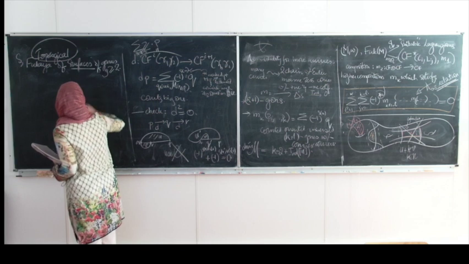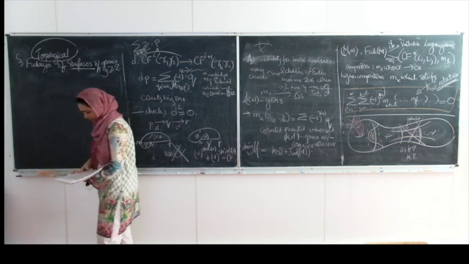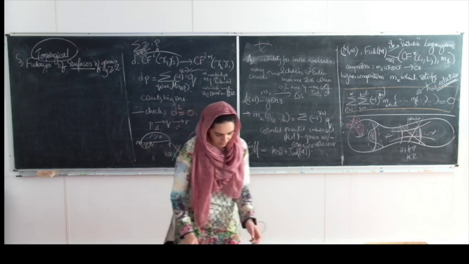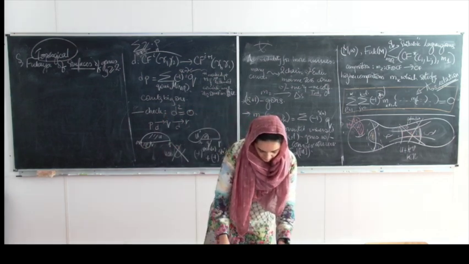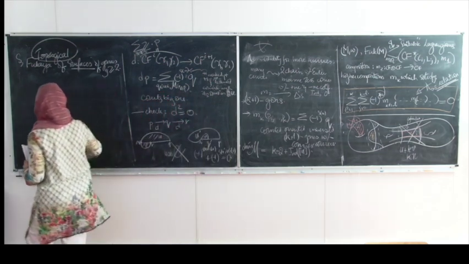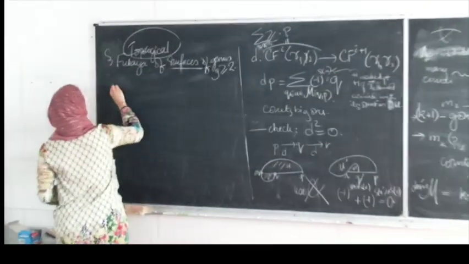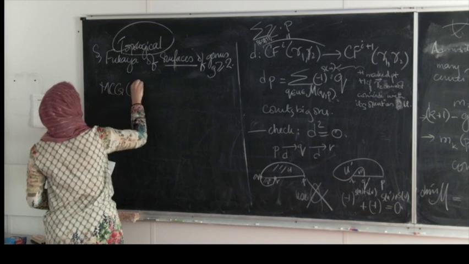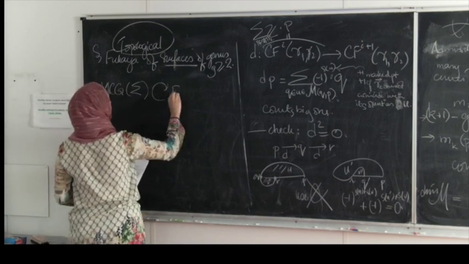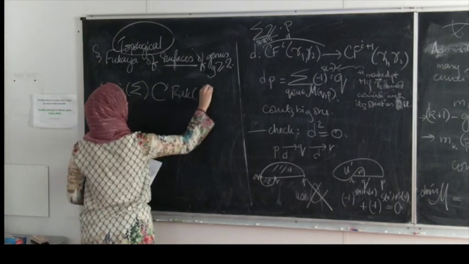So that's not what I want to talk about, but however, in the last maybe couple of minutes, I could talk about the action of the mapping class group. So the mapping class group of the surface acts on the Fukaya category.